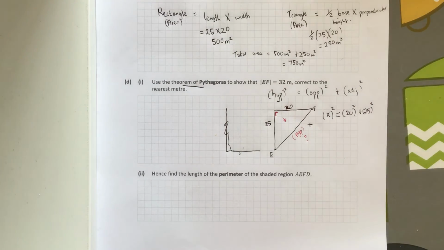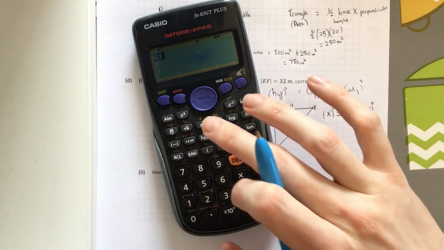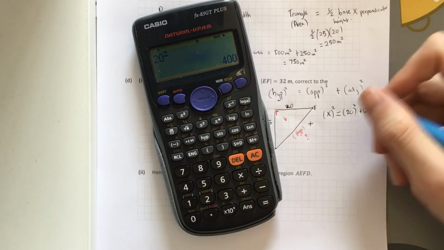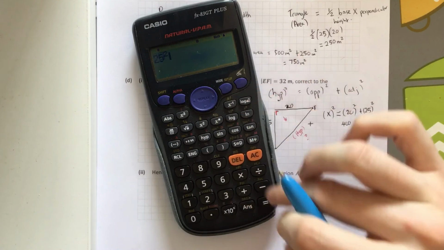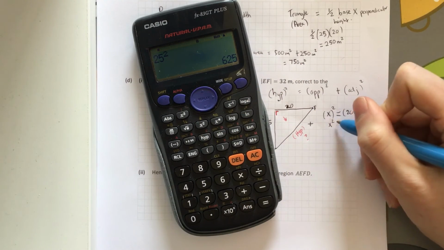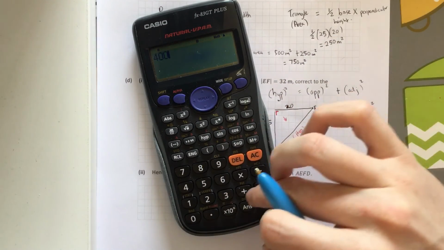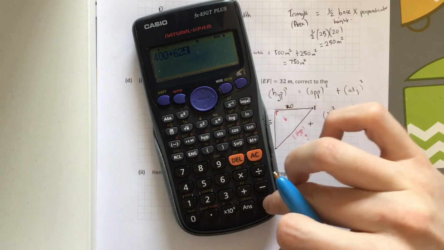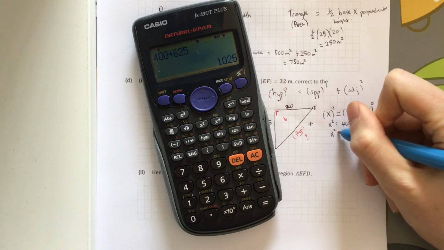So what I need to do here is get my values using my calculator. 20 squared, I get 400, plus 25 squared equals 625. So 400 plus 625 equals 1025. So x squared is equal to that.